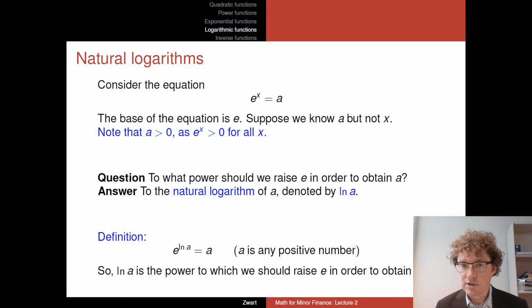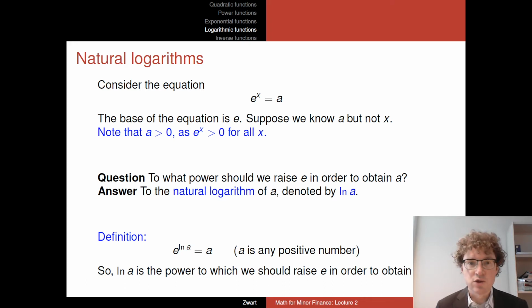The first thing to notice is that e to the power x, the exponential function, has a positive range. Whatever x you put in, the answer will never be negative or even zero. So this question only makes sense if a is a positive number.